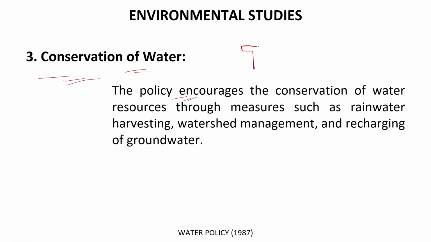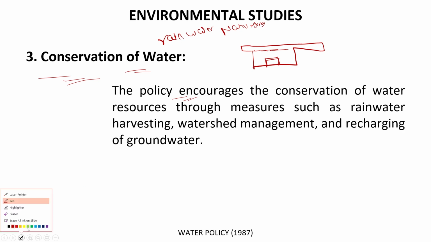So basically, if you have noticed in your household or not, it is practiced in various areas, and it is very famous, known as rainwater harvesting. It is just one example which I'm giving you.